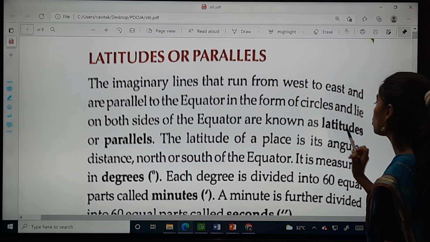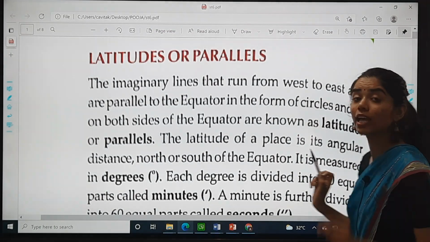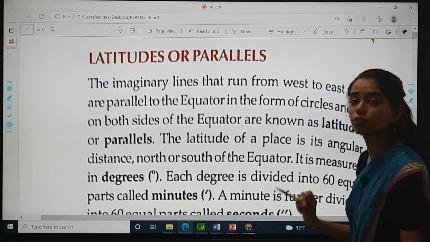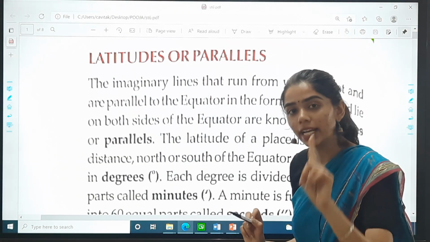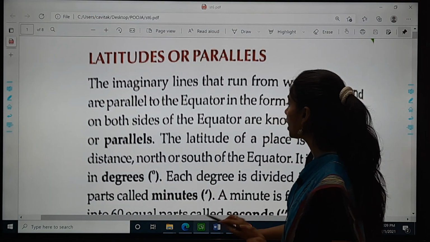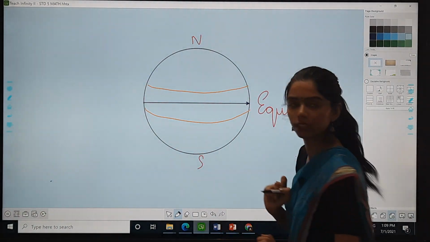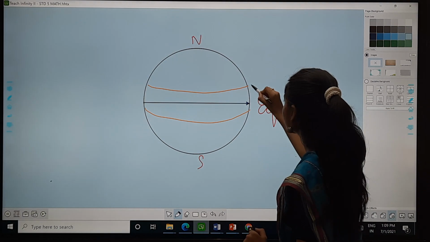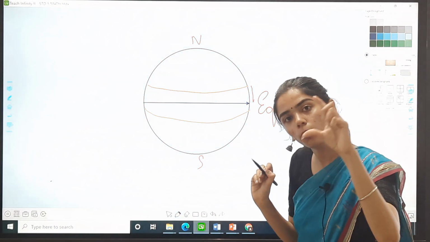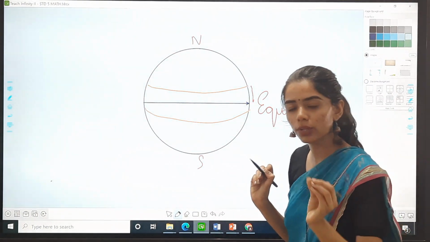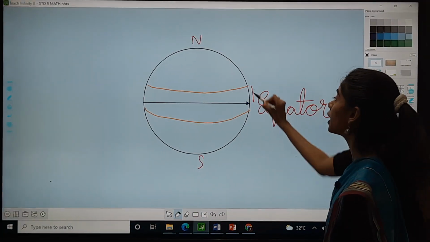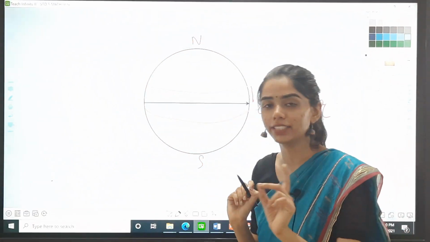Now, the latitude of a place is its angular distance north or south of the equator. Latitude का मतलब क्या होता है basically कि equator से, ये हमारा equator है, equator से जो ये बीच का difference है, distance जो है, उसे हम latitude बोलते हैं. Okay, in simple words the distance from the equator is the latitude.